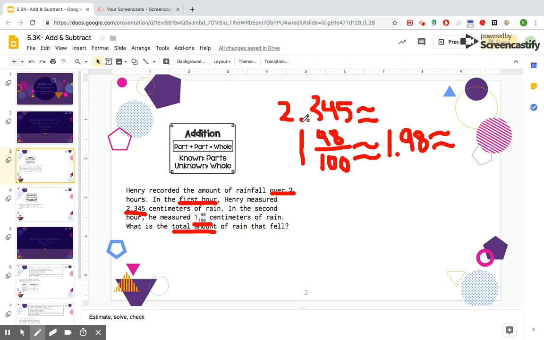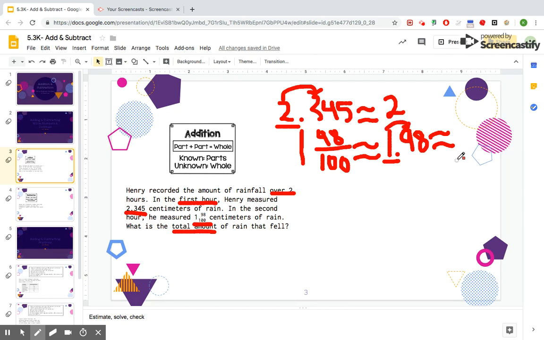So if I start with 2 and 345 thousandths, if I round that to the nearest whole number, I'll start with my 2, I'll look over to my 3. 3 is smaller than 4, so that means that I'm going to round down. So I would say that 2 and 345 thousandths is about 2. If I do the same thing to my 1 and 98 hundredths, I look over and I have a 9 here.